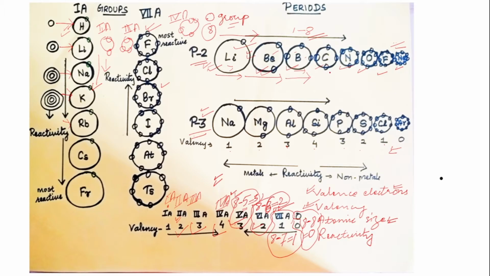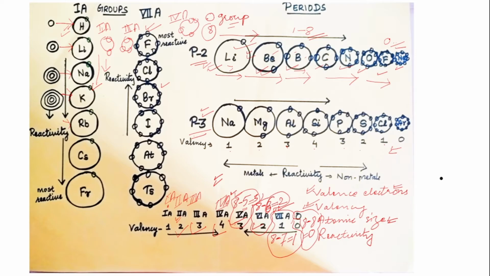More valence electrons means more nuclear charge acting on the valence electrons, and because of the greater nuclear charge acting on them, the valence shell gets contracted. That is why atomic size gets smaller.